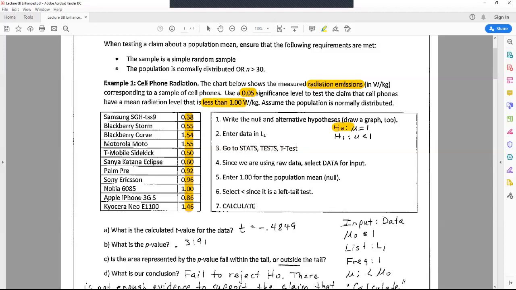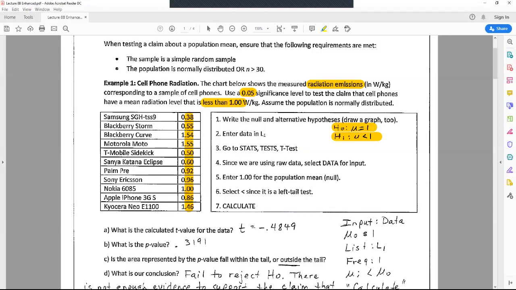So the null is going to say, well, okay, the mean is equal to 1, and we're going to test the claim that the mean is less than 1 unit, and the alternative hypothesis will take that left tail claim.